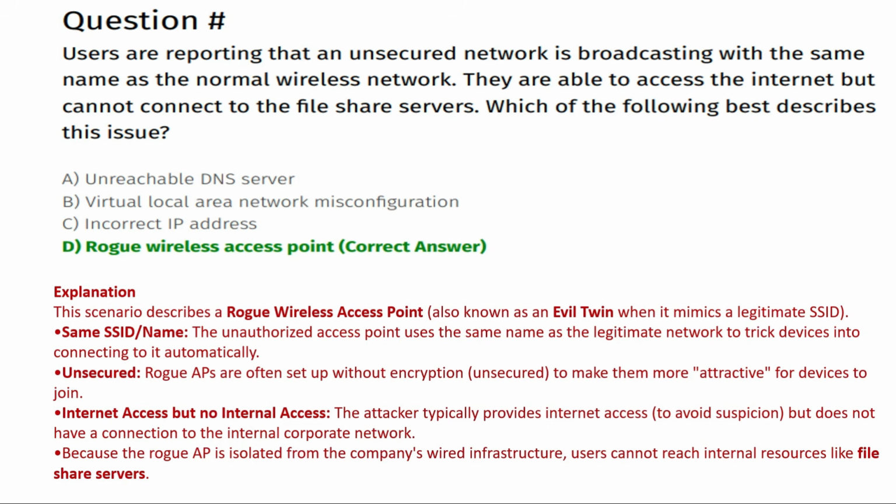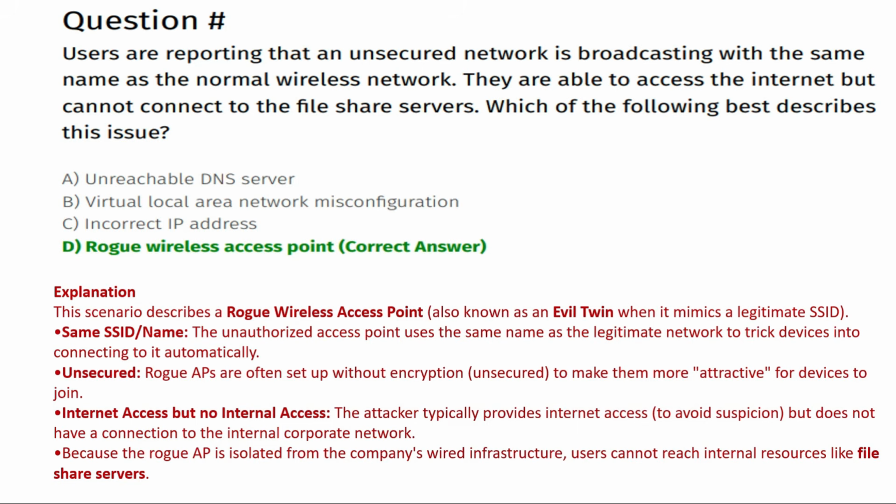Internet access but no internal access, that means the attacker typically provides internet access to avoid suspicion but does not have a connection to the internal corporate network. So because the rogue access point is isolated from the company's wired infrastructure, users cannot reach internal resources like file shared servers. So that's why the correct answer for this question is option D, rogue wireless access point.